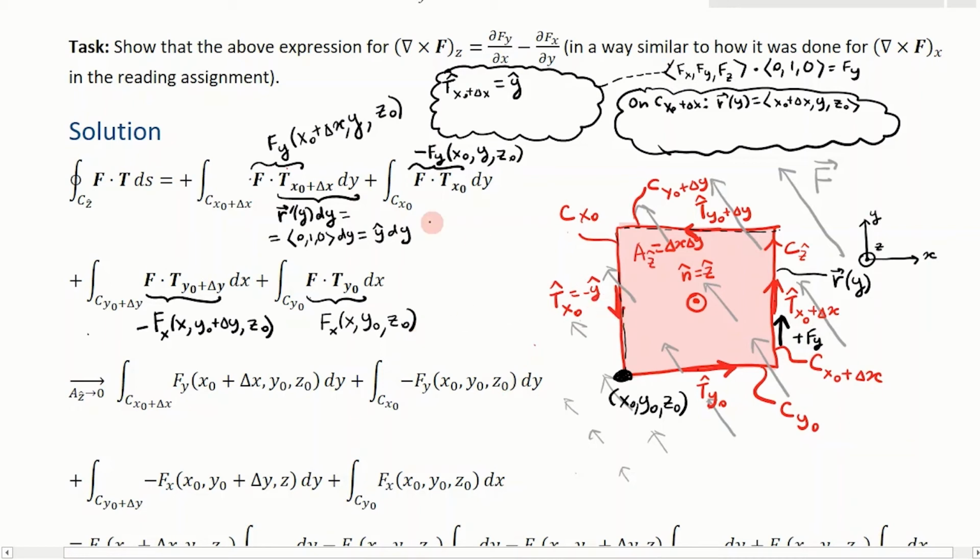Over here, it's negative fy that's important. On this contour, it's negative fx that's important. And on this contour, it's positive fx that's important.